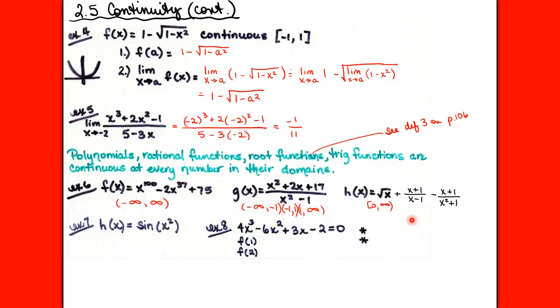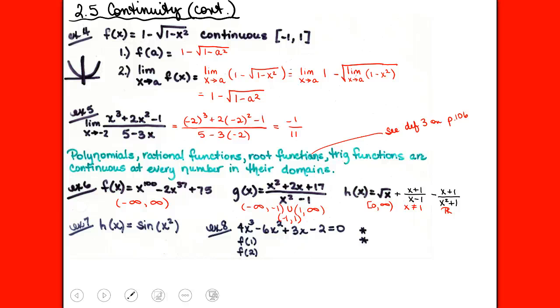So what do I have to exclude? 1. What is this? Rational. So rational functions are continuous within their domain. What do I have to exclude? Nothing, right? Because this one, if you have x squared plus 1 and you set it equal to 0, you get imaginary. So there's nothing that we have to exclude.